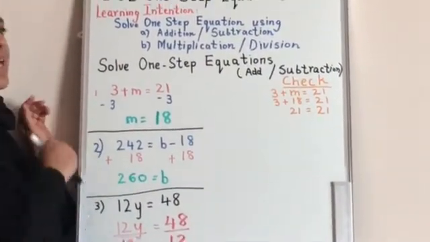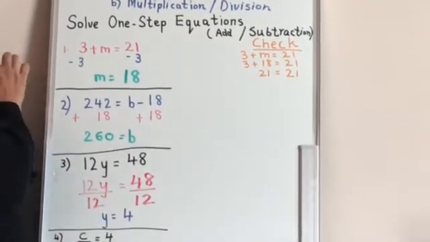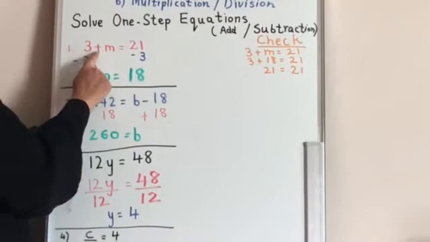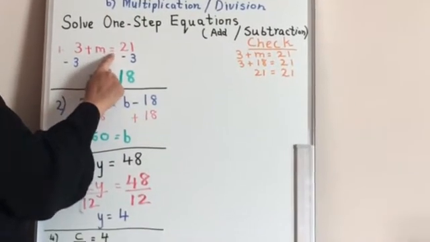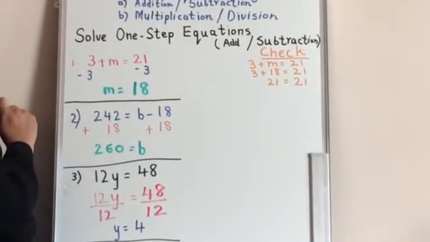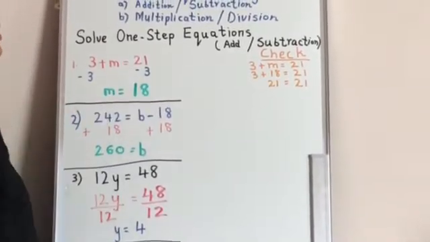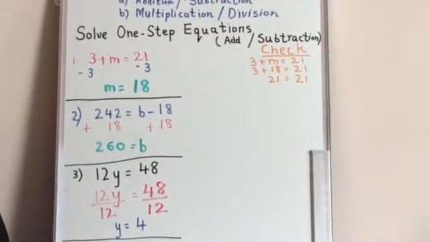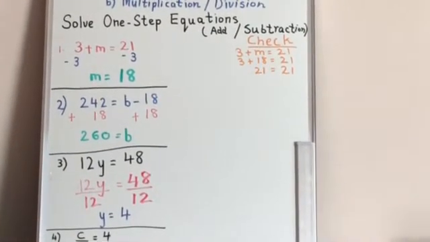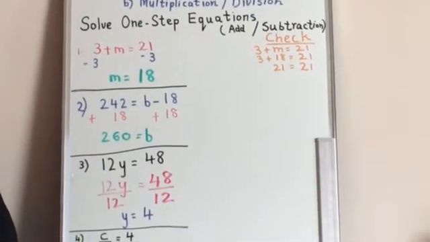I have used examples from the worksheet. The first sum, 3 plus m equals 21. This is your equation. You will solve this equation to get the solution. The solution means the value of the variable.